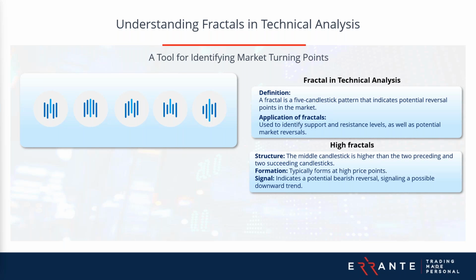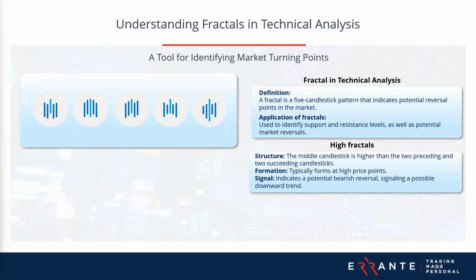High fractals typically form at price ceilings, indicating resistance levels, and they signal a potential bearish reversal, suggesting that the upward trend may be coming to an end and a downward trend could start. When you spot a high fractal, look for confirmation from other indicators such as the RSI or MACD.